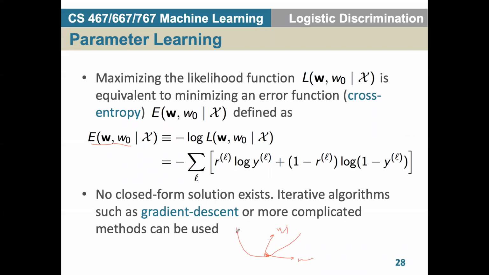Here, the slope goes down and the gradient is a bit large, so we take a big step. Here it's no longer so steep, so I take a small step. Gradually you will reach here. This is called gradient descent. Even though you cannot compute it exactly, analytically, you can compute it numerically, gradually going closer to this lowest value.